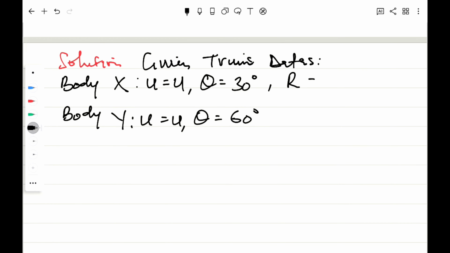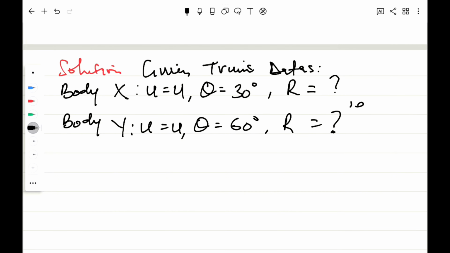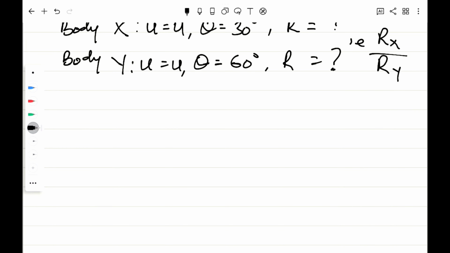So the ratio of the range of X to the range of Y is unknown. Okay? So we'll now pick our formula for range under projectile.